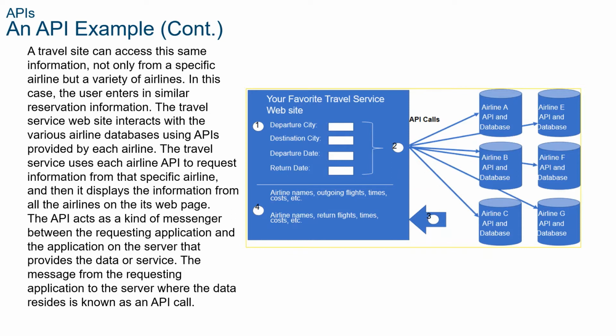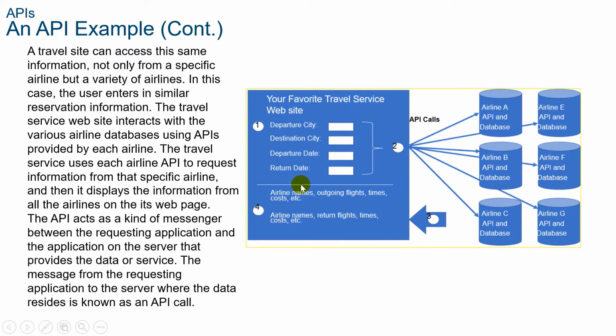The travel service website interacts with the various airline databases using APIs provided by each airline. The travel service uses each airline API to request information from the specific airline, and then it displays the information from all the airlines on each web page as shown in the diagram here. So we have several airlines connected to this travel service.